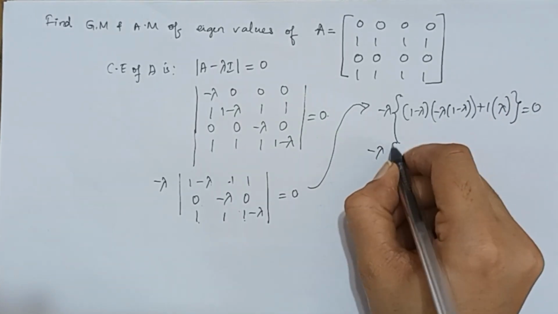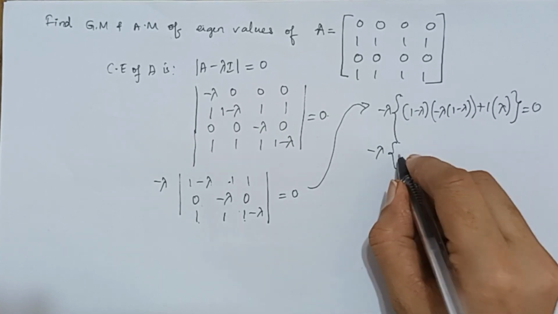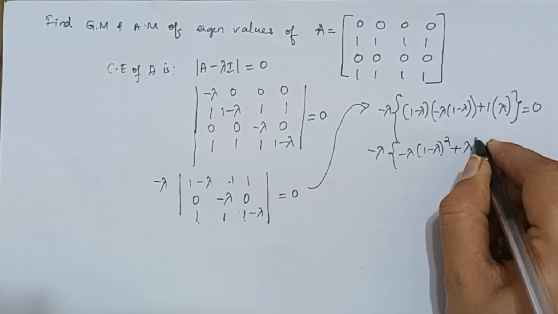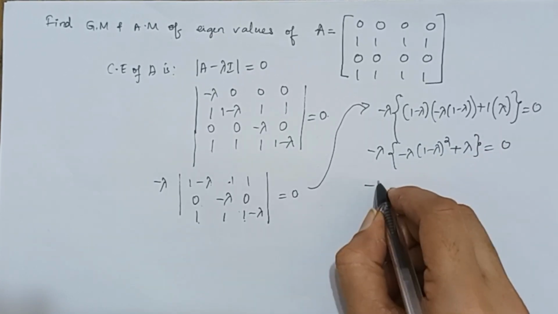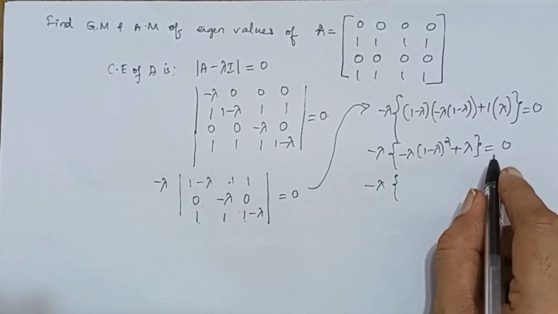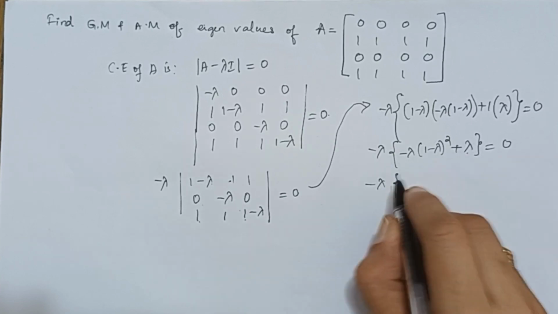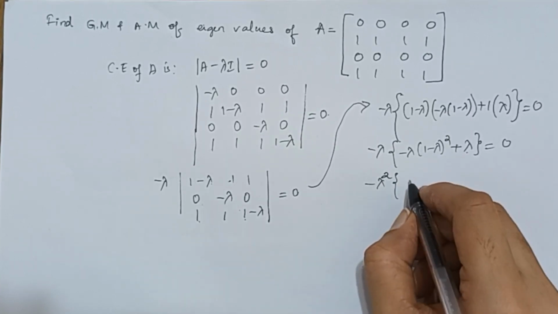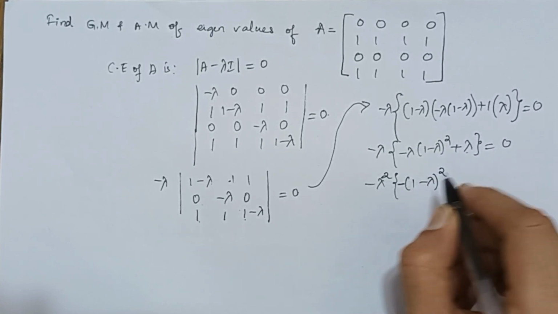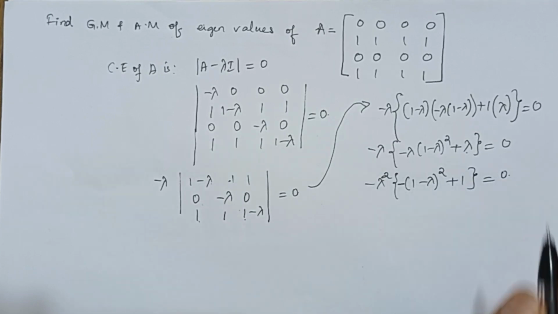So minus lambda, let us simplify this. This gives you 1 minus lambda into (1 minus lambda) whole square plus lambda, equal to 0. So minus lambda into, we can take lambda common here: lambda square, then minus (1 minus lambda) whole square, then plus 1, which is equal to 0.